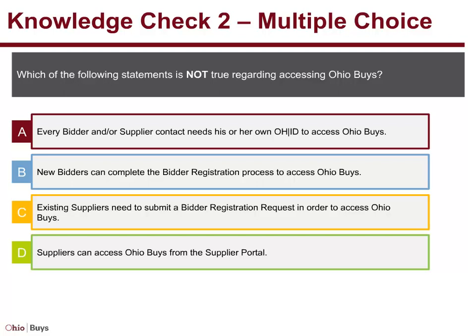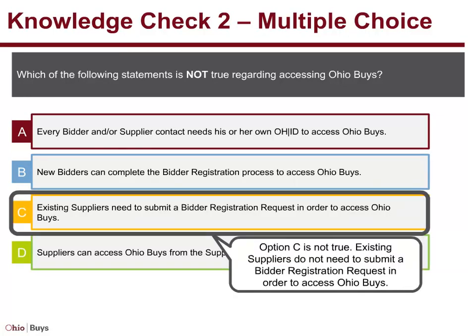Option C. Existing suppliers need to submit a bidder registration request in order to access Ohio Buys. Option D. Suppliers can access Ohio Buys from the supplier portal. Option C is not true. Existing suppliers do not need to submit a bidder registration request in order to access Ohio Buys.